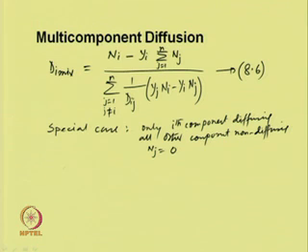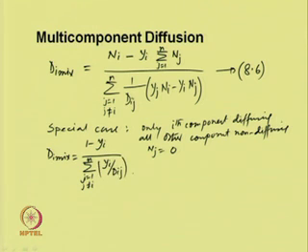So, we can write for this special case D_i mix will be equal to 1 minus y_i divided by summation over j equal to 1, j not equal to i to n, y_j divided by D_ij. So, this is equation number 8.7.